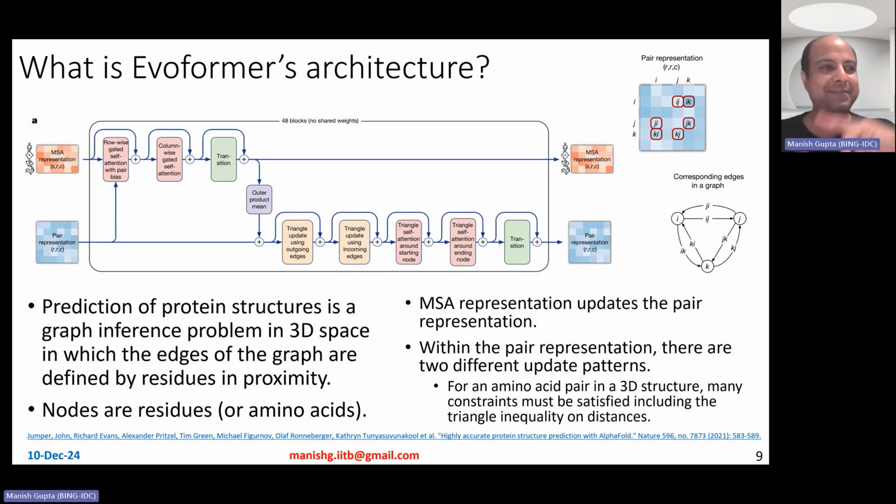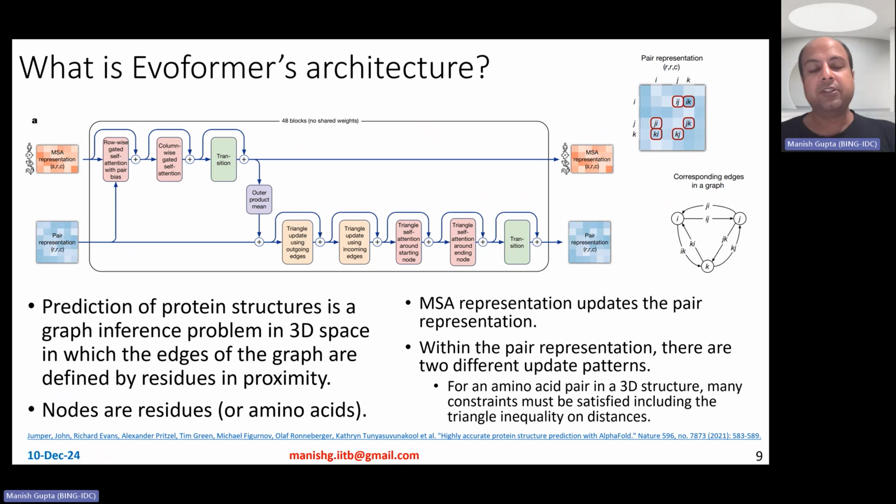You cannot predict something which does not make a triangle. So the triangle completion constraints have to be satisfied. There are also other kinds of things that need to be satisfied. For example, you cannot have collision of atoms. You cannot say one atom and the other atom are at the same place. So these layers try to ensure those kinds of things.